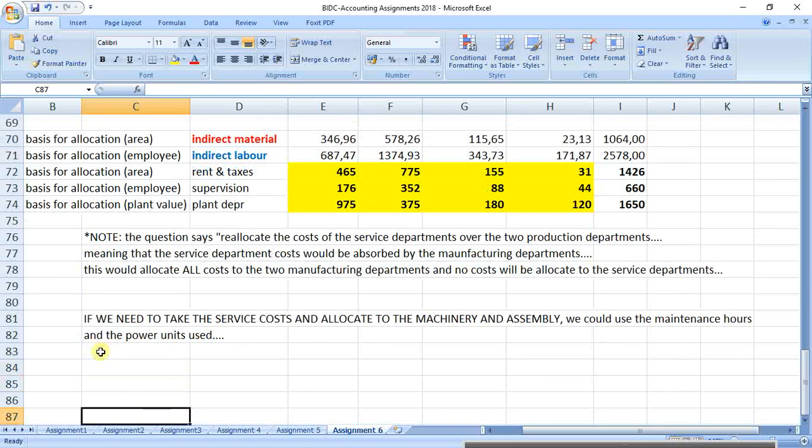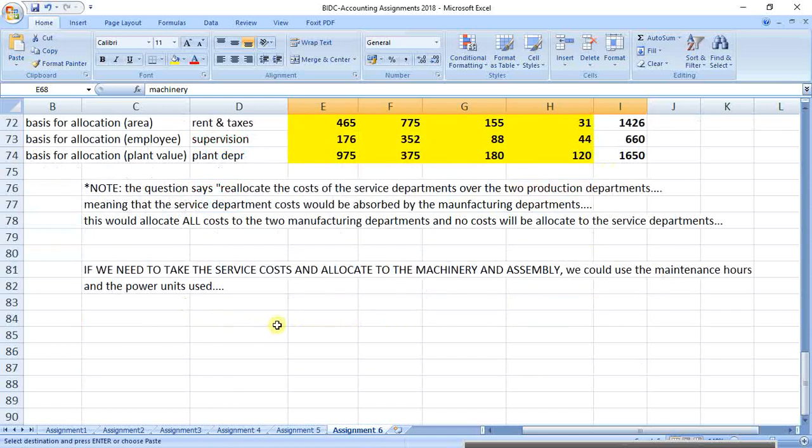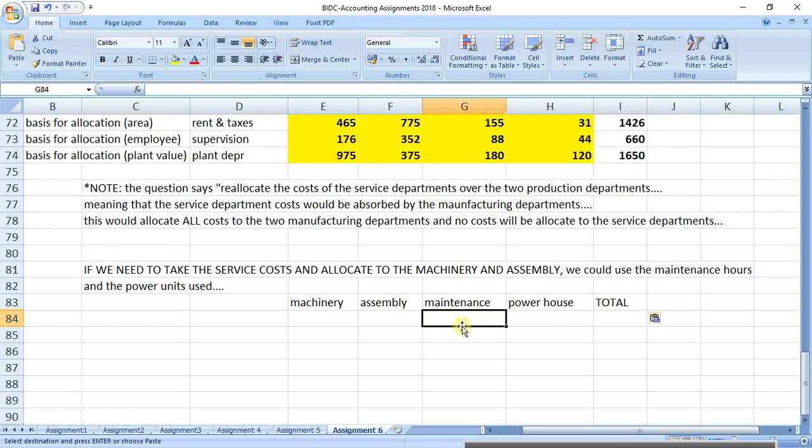Okay, so if I'm looking at the allocation, let's show that. I just need those headings. In your textbook, maintenance, how much? 132 and 282. Powerhouse, how much? 152 and 672.